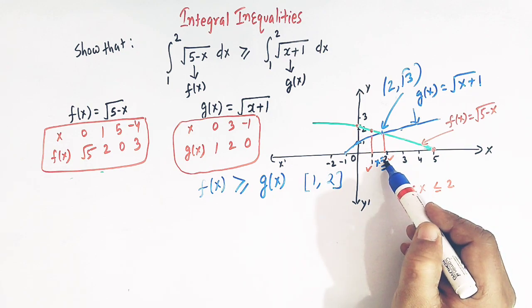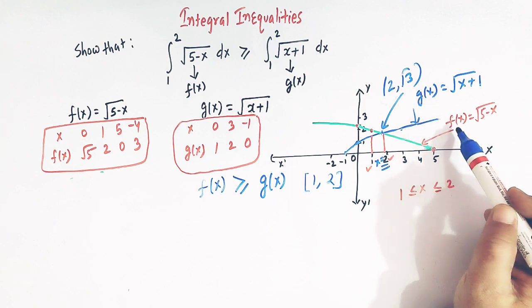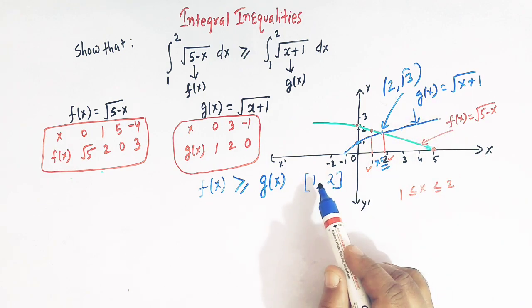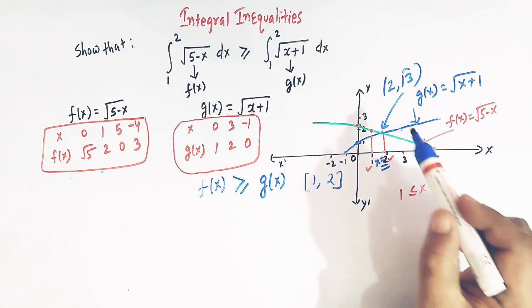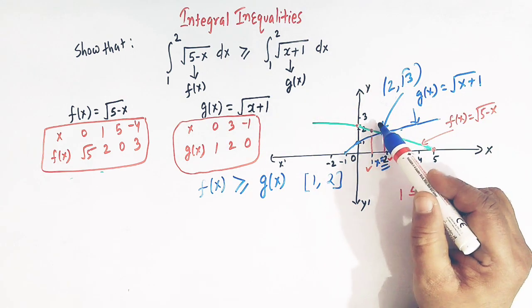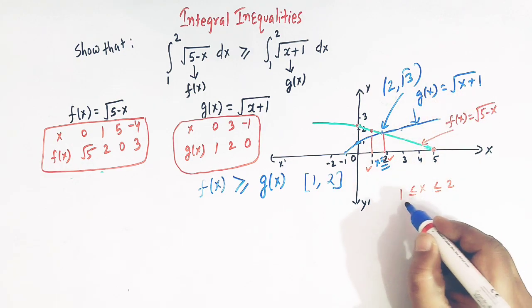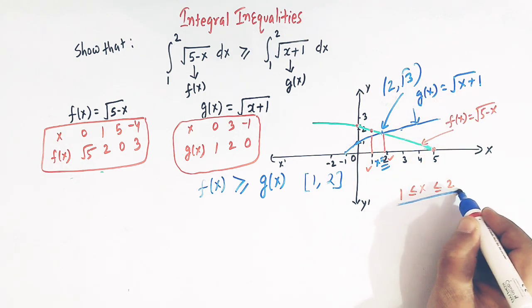At x equal to 2, both the functions coincide, and for other values of x, the graph of f of x always lies above the graph of g of x in the interval 1 to 2.